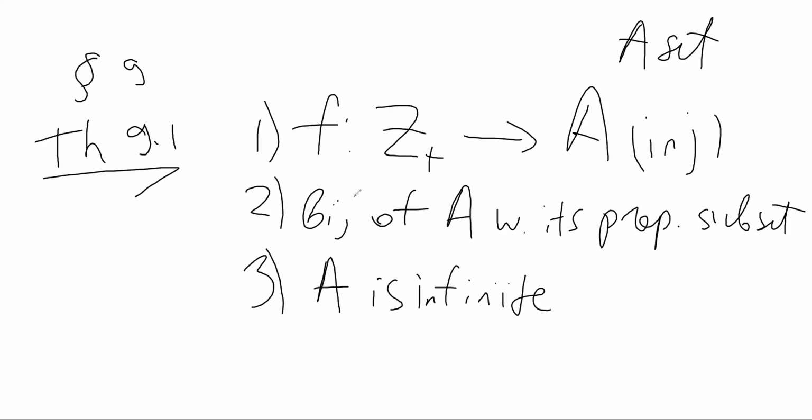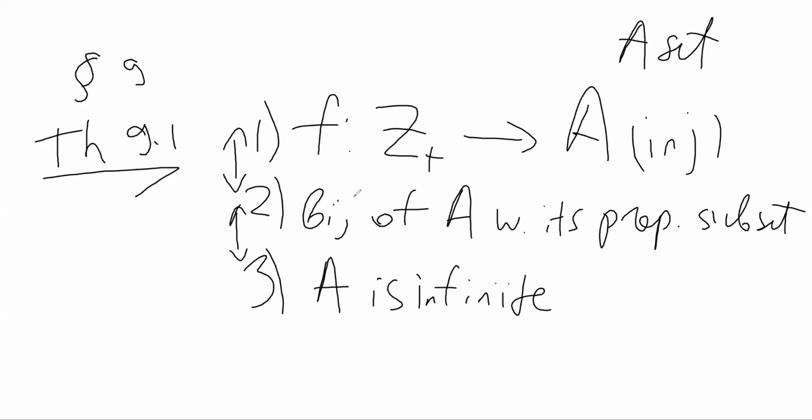Now we have to understand that these 3 statements are actually equivalent. When we say statements are equivalent, it means that you can get statement 2 from statement 1, but you also can get statement 1 from statement 2, and so on. How do we prove that statements are equivalent? There are a couple of ways.